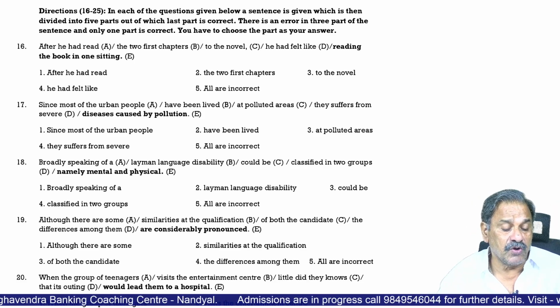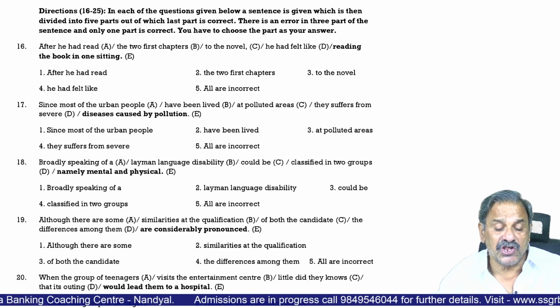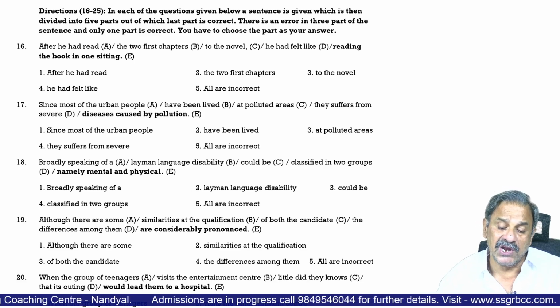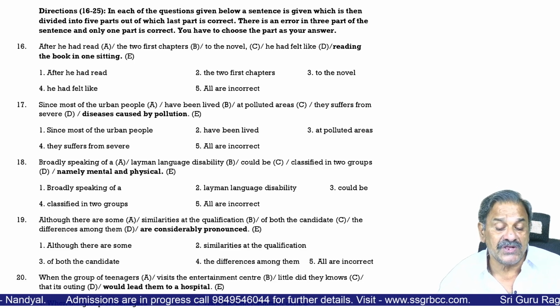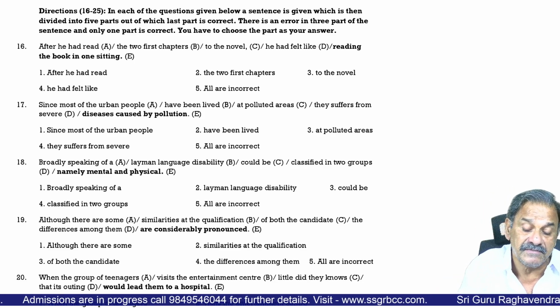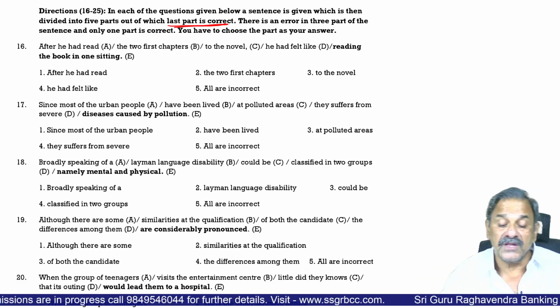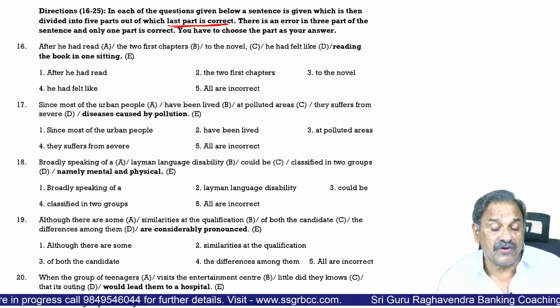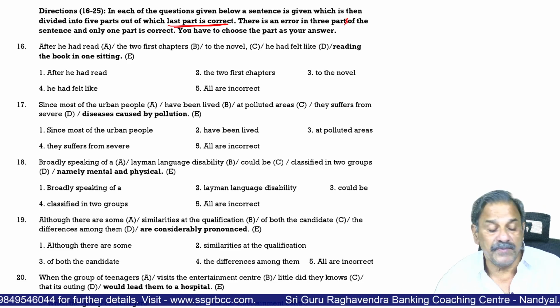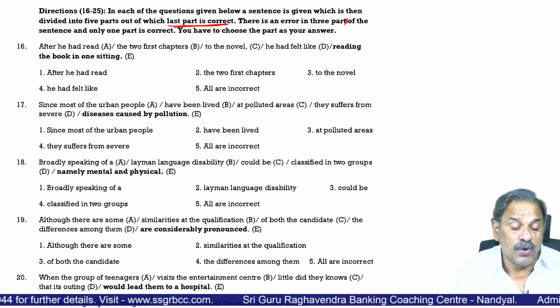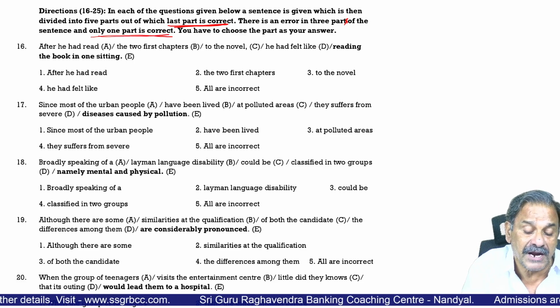Questions 16 to 25: in each of the questions given below, a sentence is given, which is then divided into 5 parts, out of which the last part is correct. There is an error in three parts of the sentence, and only one part is correct.